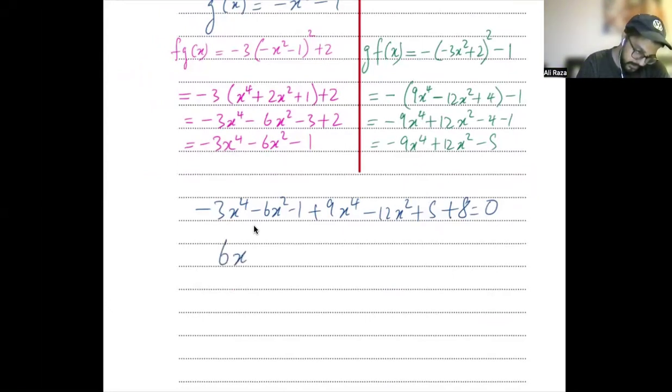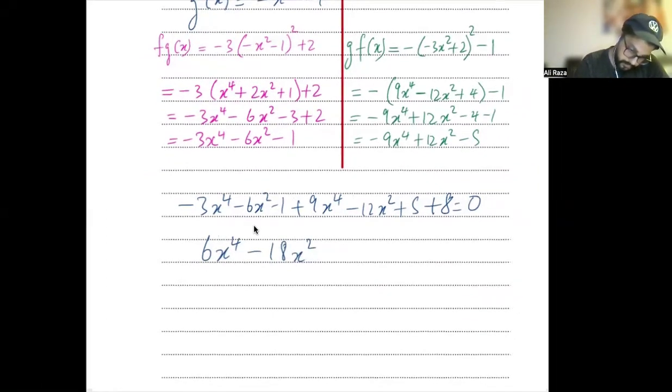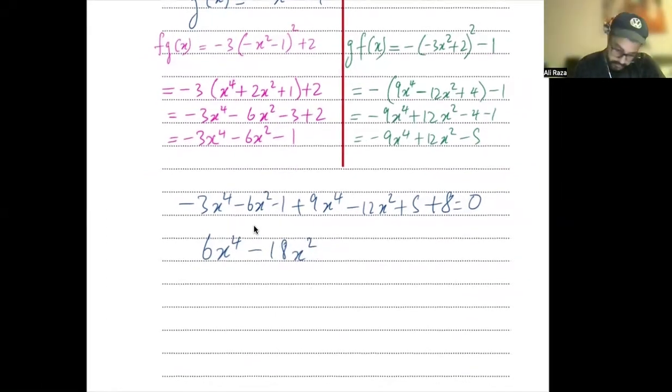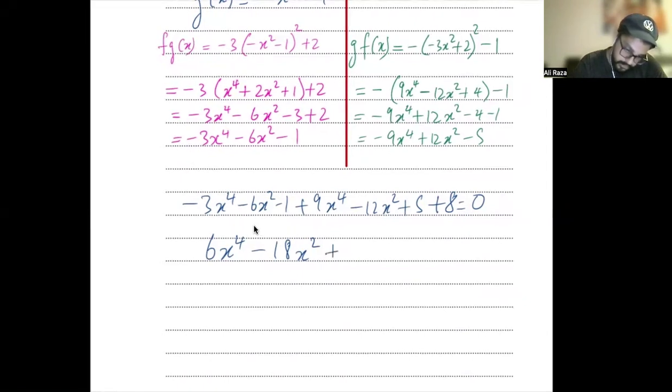This simplifies to 6x power 4 minus 18x squared plus 12 is equal to 0.